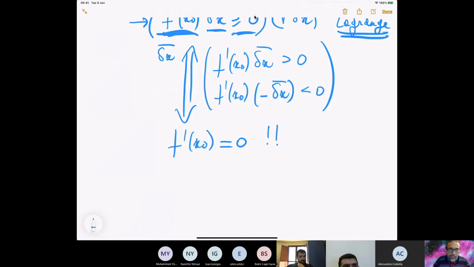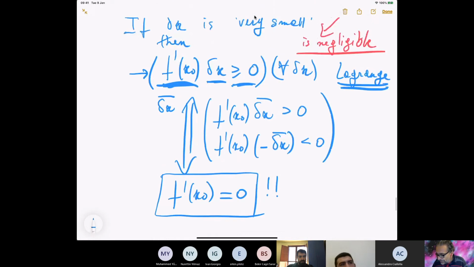So if you have a function for which a Taylor expansion can be written, truncated at the first order, and if this function has a minimum in x0, then its first derivative in x0 has to be equal to 0. Now, this result can be formulated without talking about small variations of the independent variable.